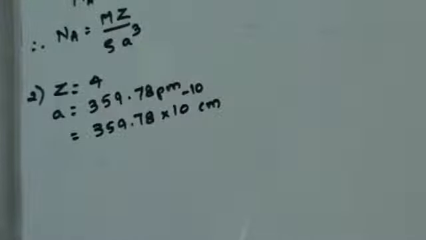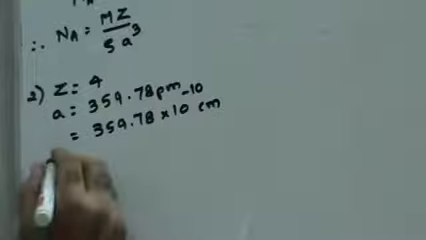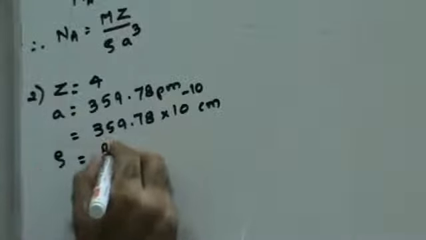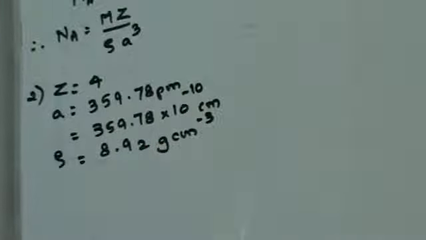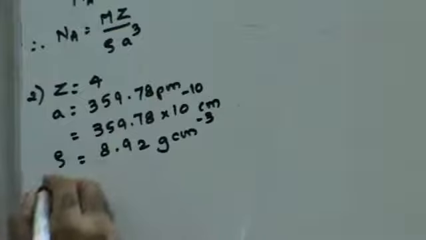Find the mass of copper if density is 8.92 grams per centimeter cube.